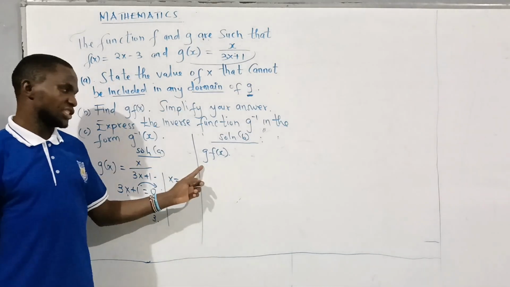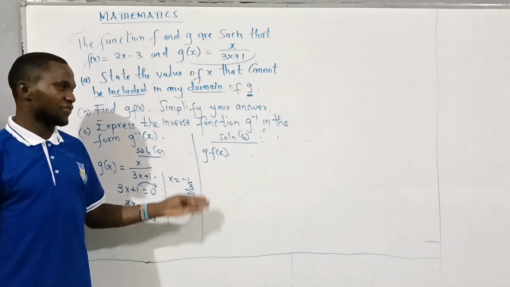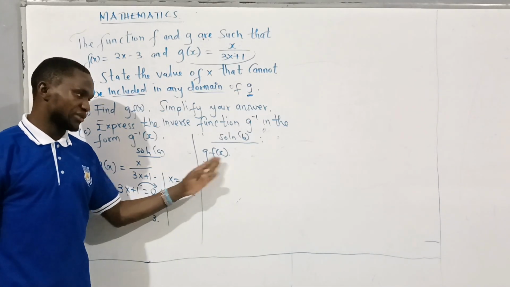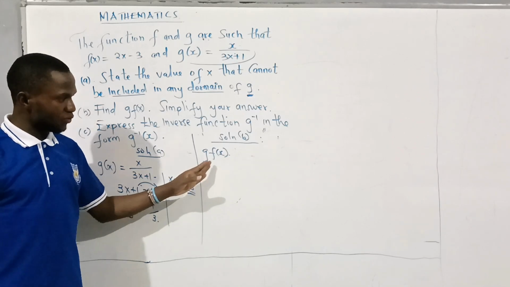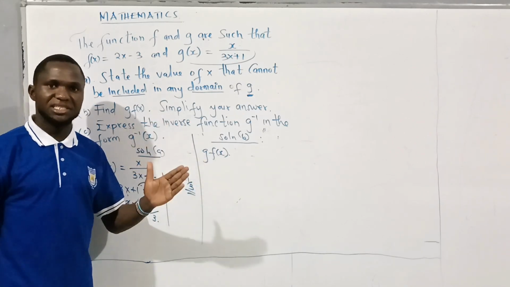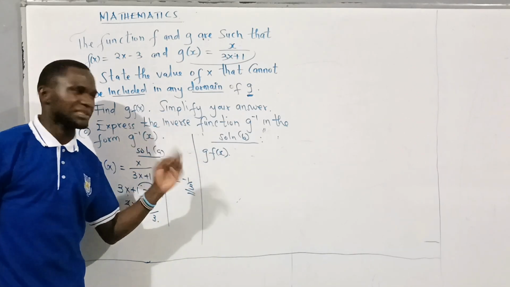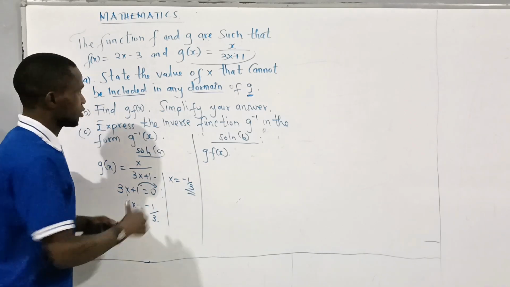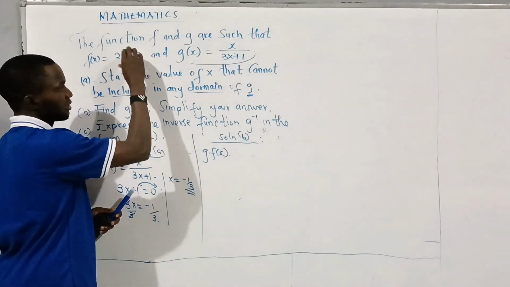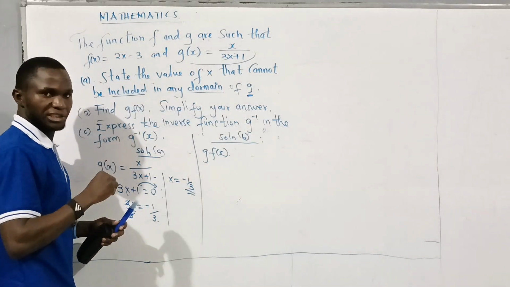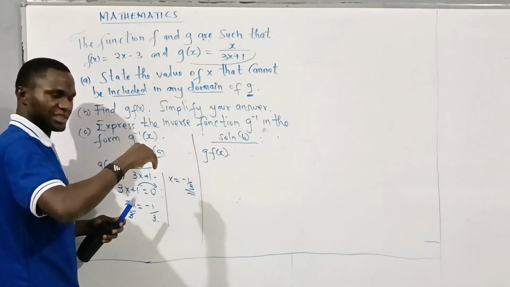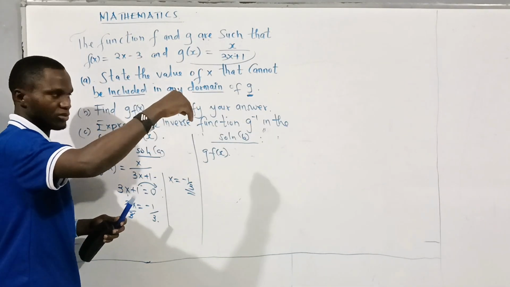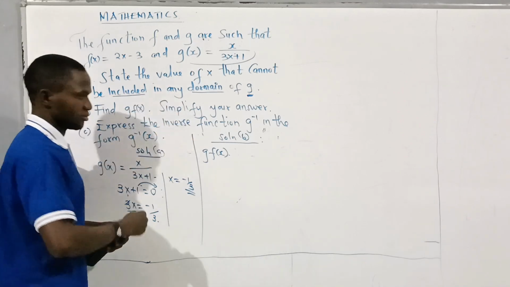What is the meaning of g of f of x? We have a function g of x and we also have a function f of x. g of f of x means perform f first, then followed by g. So f first, then the result that you obtain from f of x, you substitute into g of x.